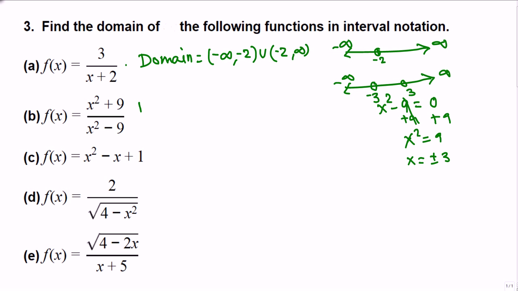So the domain in interval notation is negative infinity through negative 3, union negative 3 through 3, union 3 through infinity. All parentheses, meaning negative 3 is not included. That's the domain.